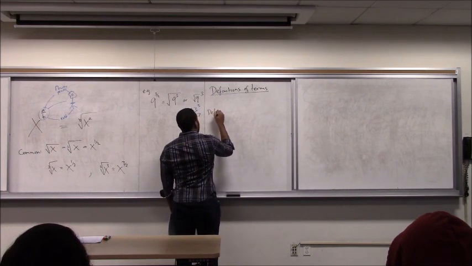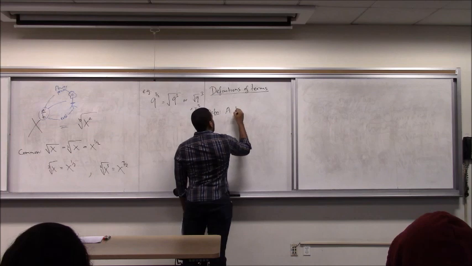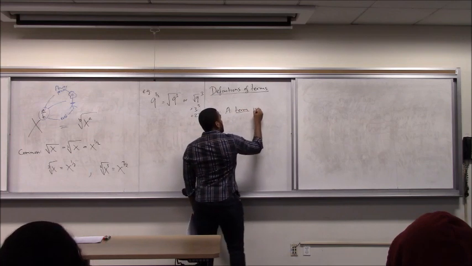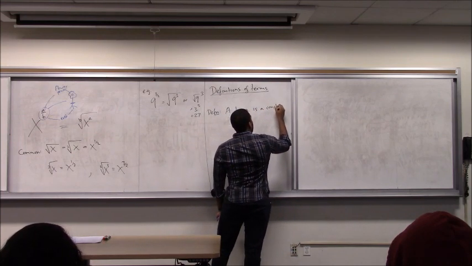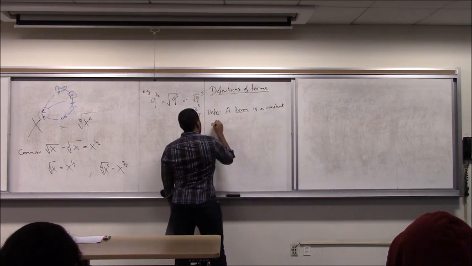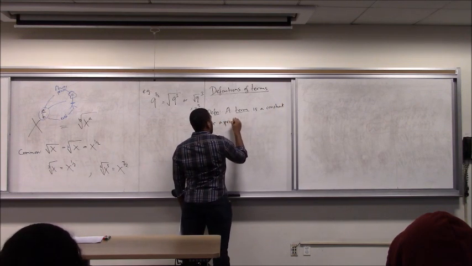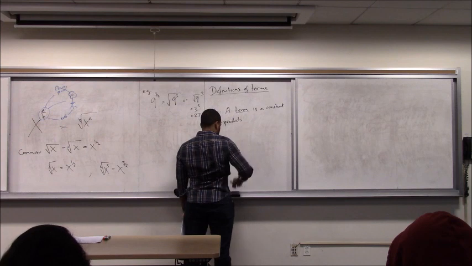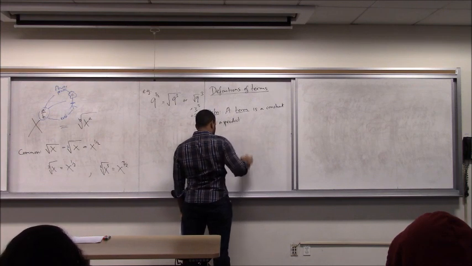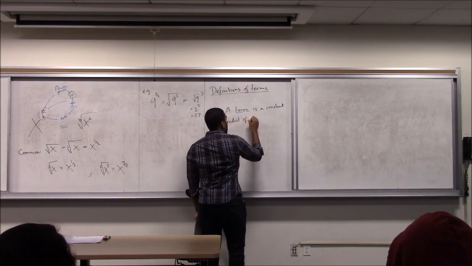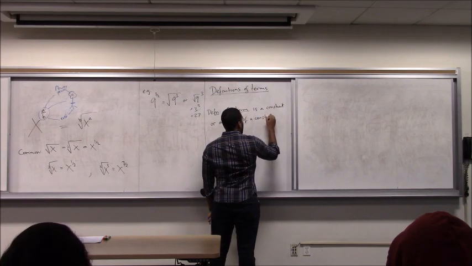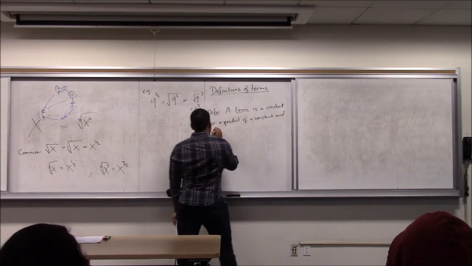So here's a definition. A term is a constant or a product of a constant and some variable.